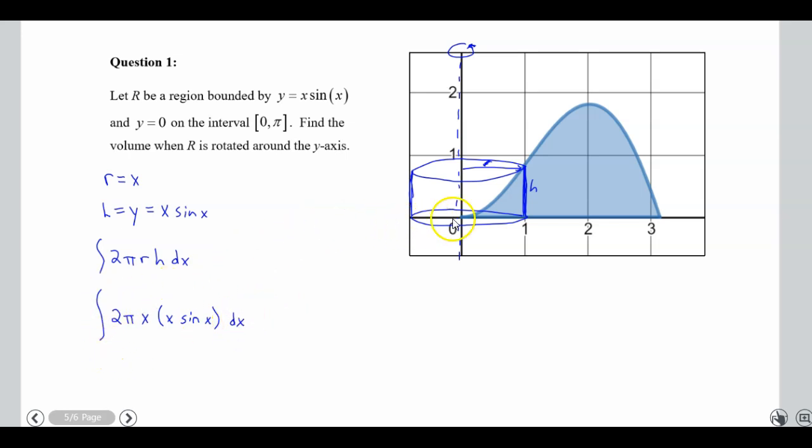All right. And we're going to integrate from, our rectangles are going to go over here at 0 all the way over to here at pi. This particular integral you wouldn't be able to do by hand yet.